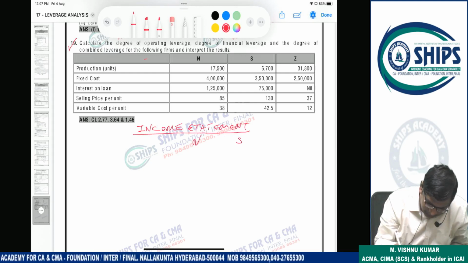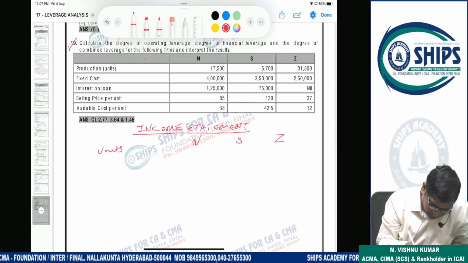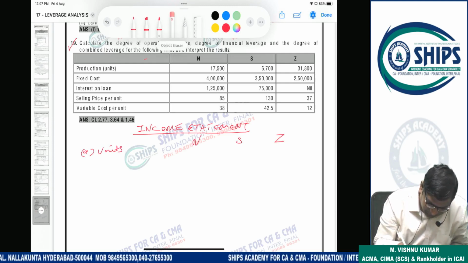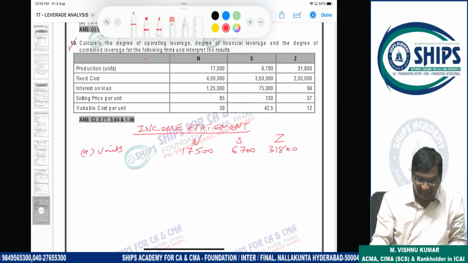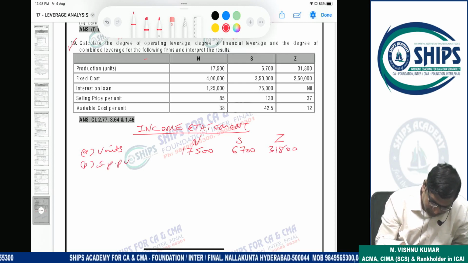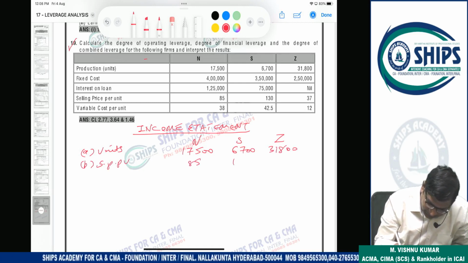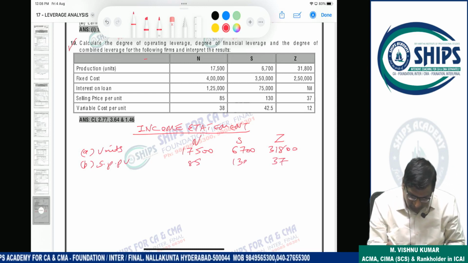So N S Z. First units, 17,500, 6,700, 31,800. Now selling price per unit 85, 130, 37. Okay.